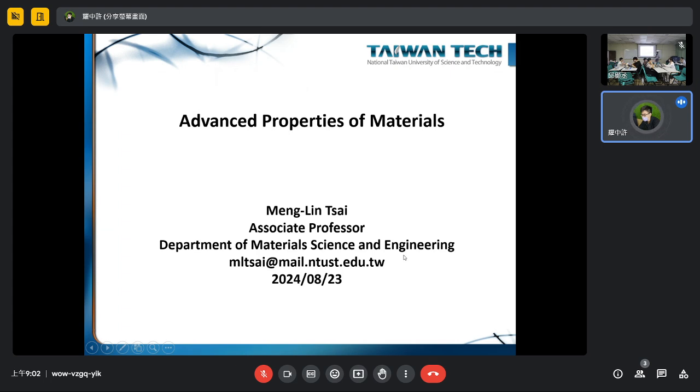Most of my topics come from the material science textbook or some physical properties of material, but I'm not going to cover the topic of mechanical properties, because I think most of you have already gone through that during your undergraduate studies.